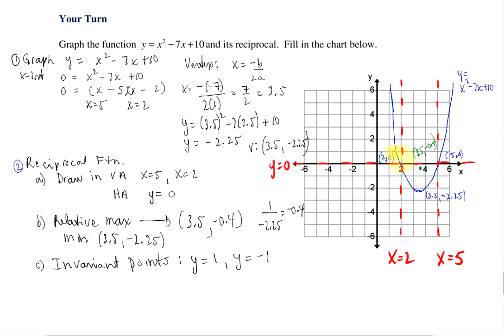Wherever the blue graph and y equals 1 meet, you have an invariant point. So we have one here. And we keep moving across the graph because we have a second one right here. Then we want to go to where y equals -1, which is a horizontal line going through y equals -1. And we'll do the same thing. Wherever the blue graph crosses that line, we will put a point. Notice two of them. So you will have for this graph anyway, 4 invariant points.